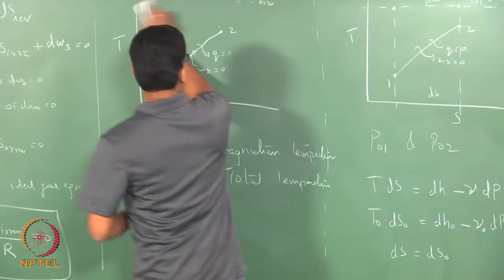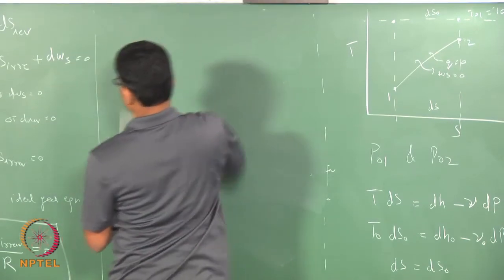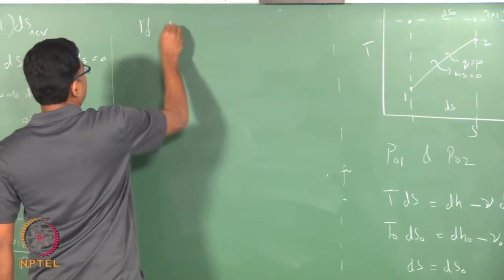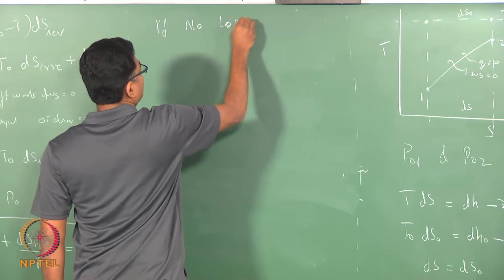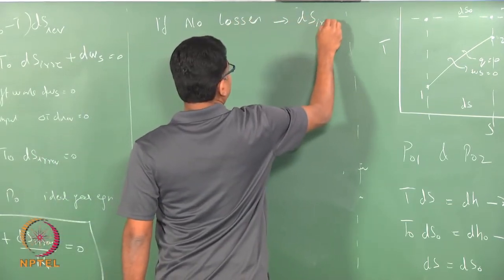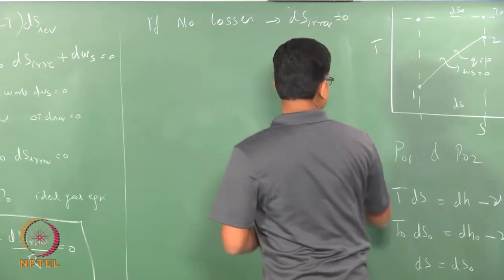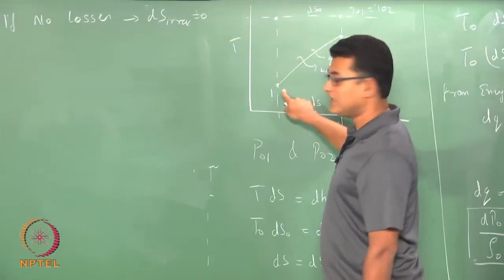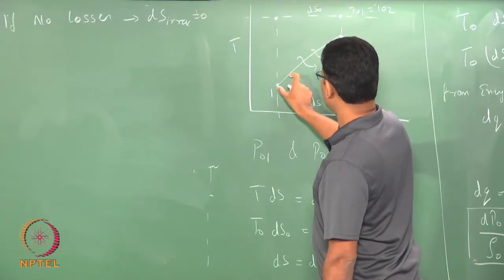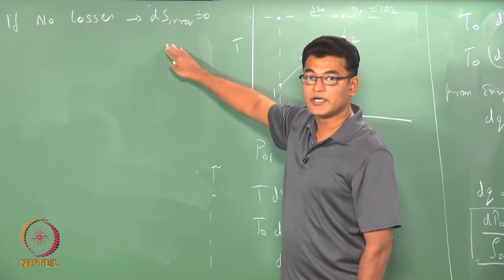Between these two processes, from process 1 to 2, if there are no losses, there is no entropy change.